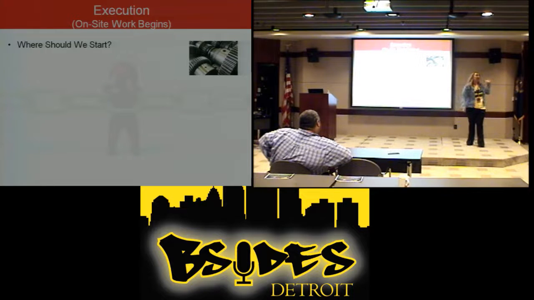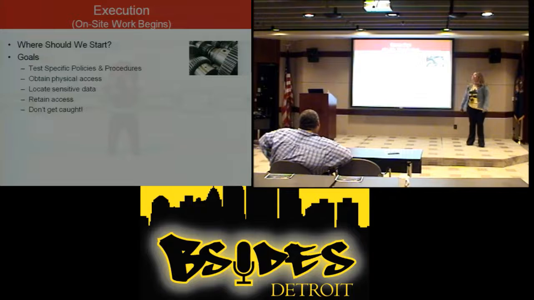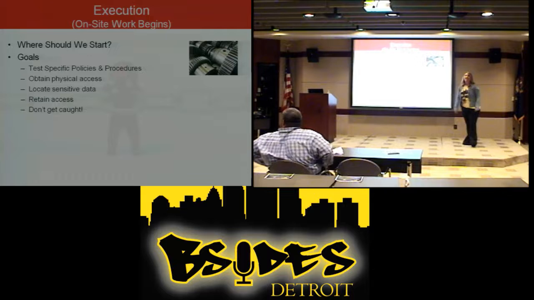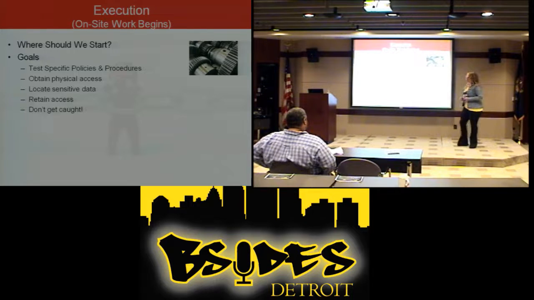So at this point, now we actually have to go do this, right? Where do we start? There's a lot to do here. We have to figure out the goals and the objectives, right?